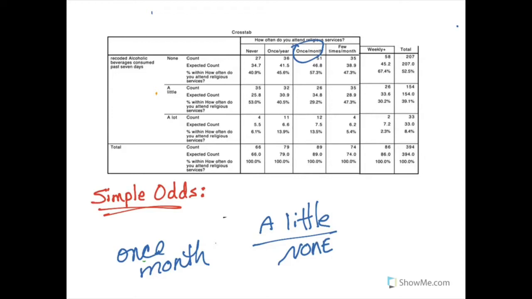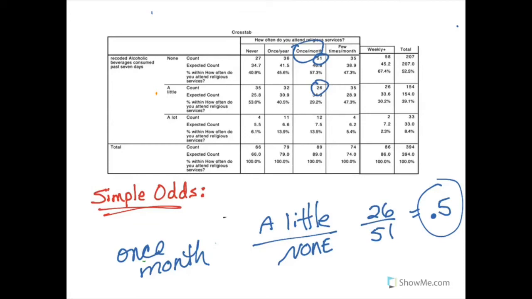And then we just need these frequencies. So it's 26 over 51. And that's going to be almost exactly half. So it's a decimal. When it's a decimal, if it's anything less than 1, it means you're less likely to be in the top category versus the bottom category. Anything over 1 means you're more likely to be in the top category.